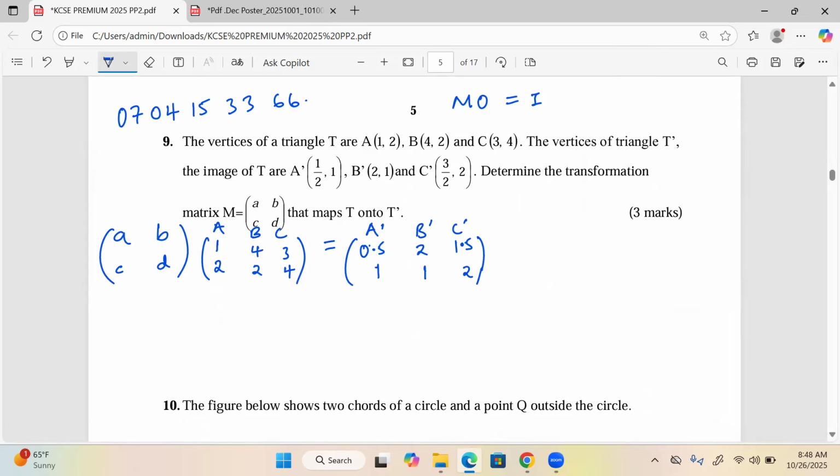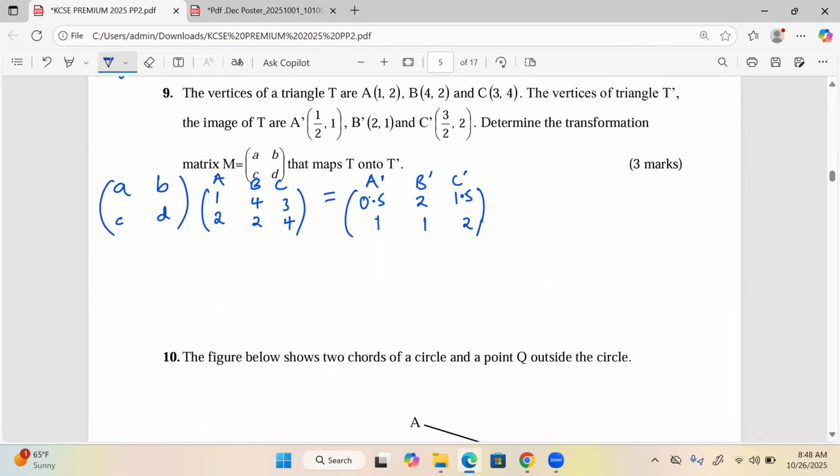With this, now we should be able to find the unknown elements in this particular matrix. We know that the multiplication happens by, if it's a row, we multiply by column to get the first element in the answer matrix. Therefore, A by 1 and B by 2. That's A plus 2B.